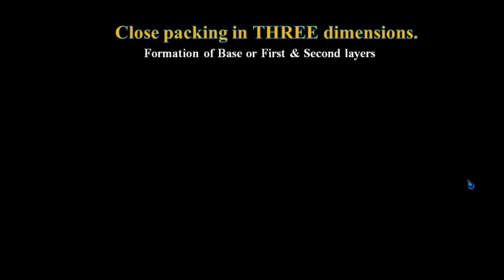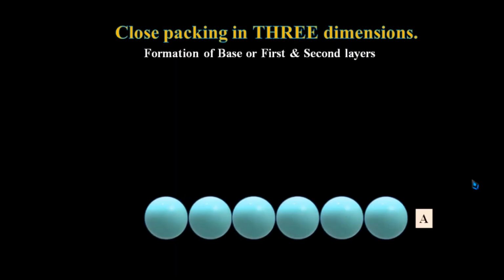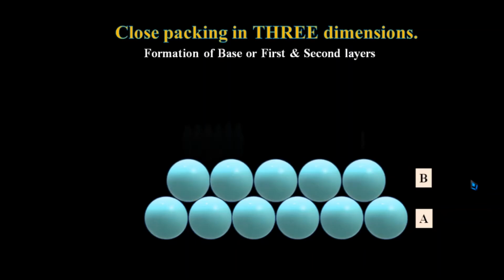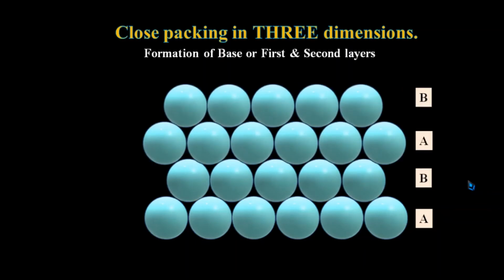Here the same structure is seen when we consider the spheres. This is our layer A, and for convenience we consider the two-dimensional arrangement as layer A. Here again we see the two types of triangular voids, the upward triangular voids and the downward triangular voids.